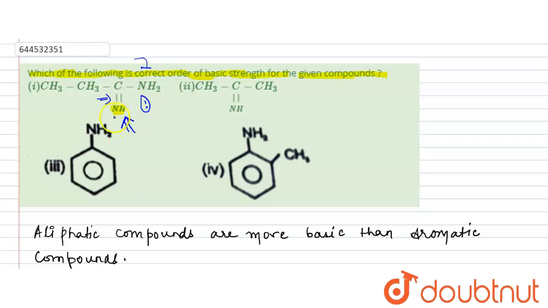What will happen? The electron density at this nitrogen will increase. Let's draw the structure. It is like CH3, C, double bond, NH, and finally you have NH2 here.